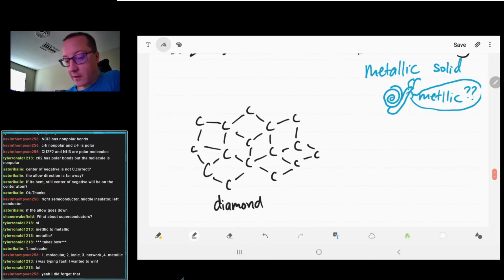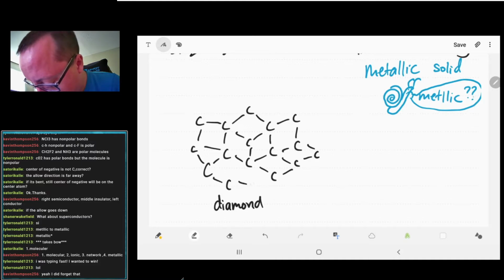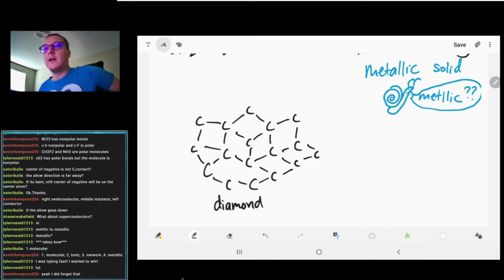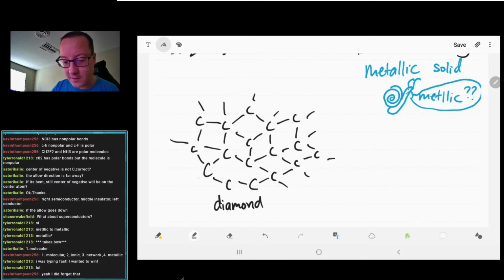Actually, this is a really ugly diamond, but oh my god, and I have a carbon with 5 bonds. Oh no, nobody saw that. Okay, good. I hope I don't have any more. No, we're good. Right. So this just goes on forever, right? Pretty much. These just keep going to other carbons.